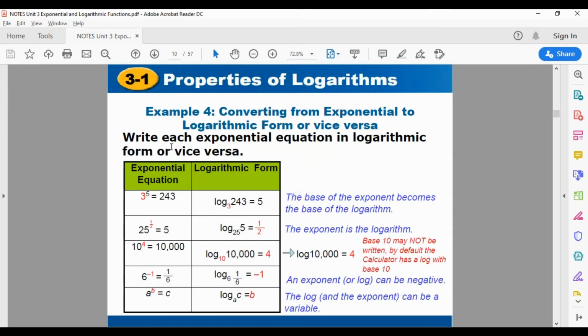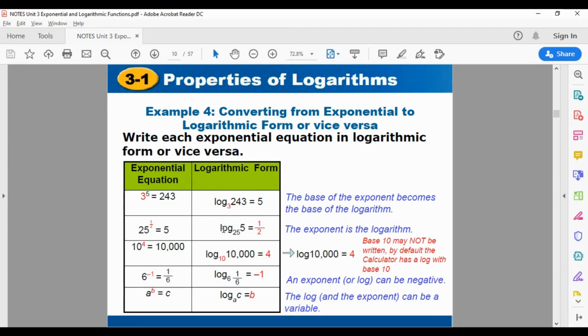So when we're converting between these, I'm going to switch back and forth as we're reading some of these. 3 to the power of 5 is equal to 243. If I were to write this in terms of the logarithm, then that's log base 3, keeping the same base, of 243 is equal to 5, because 3 to the 5th is equal to 243.